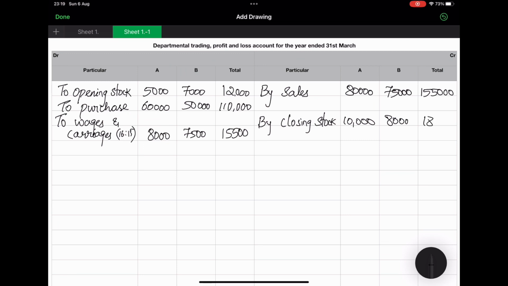8,000. If we add both, we are going to get 18,000. So calculate both sides. Which side value is higher, that side we are going to write.